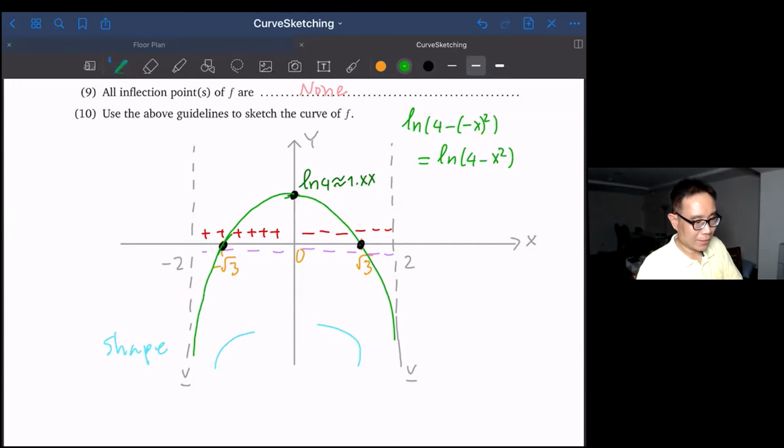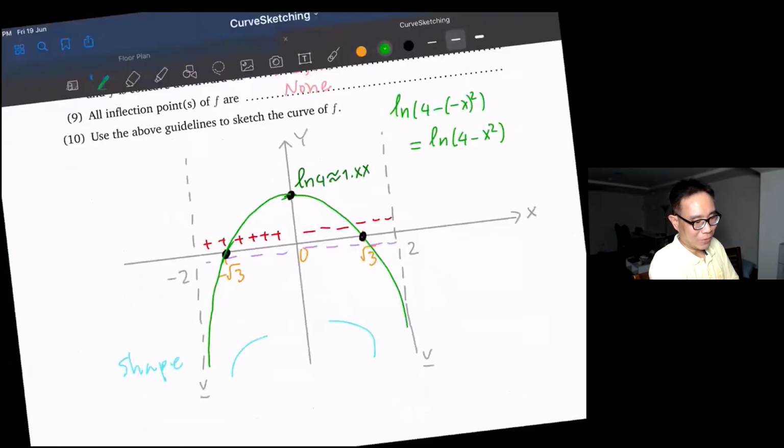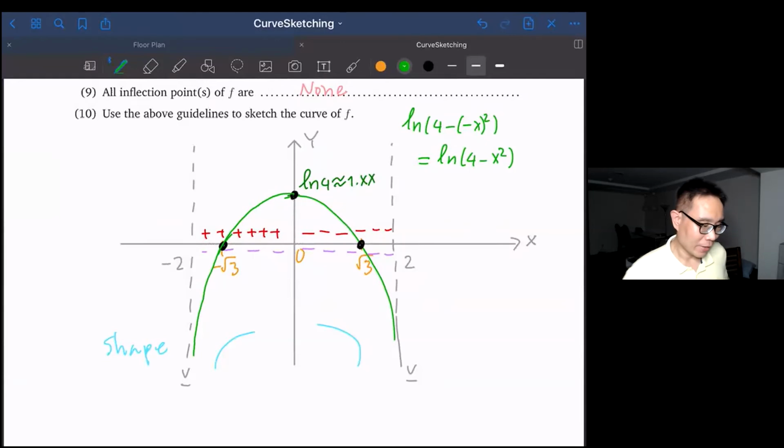Okay, I think we have the one that I'm looking for. Yeah. Okay, so this one will be symmetric with respect to the y-axis.